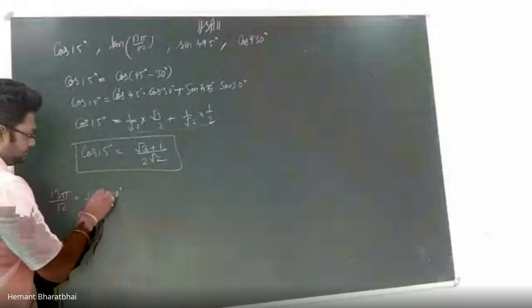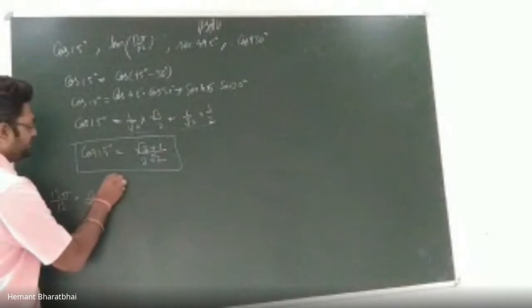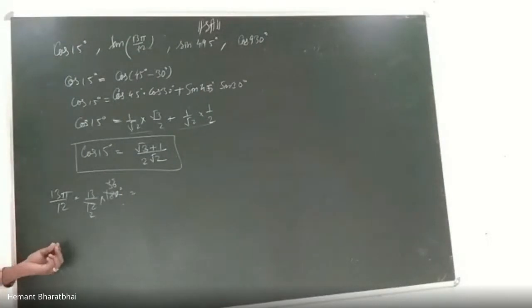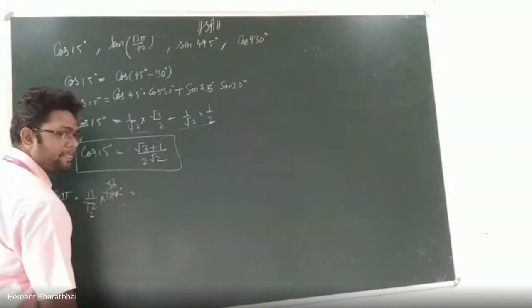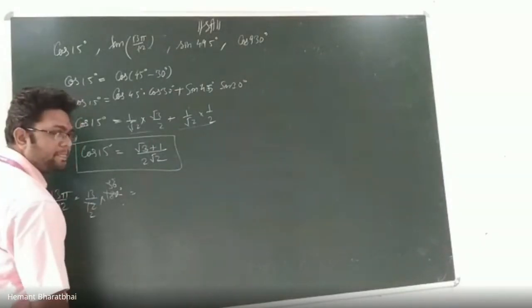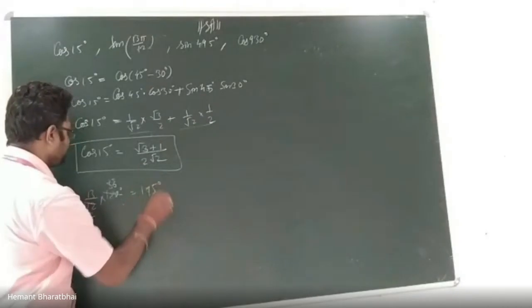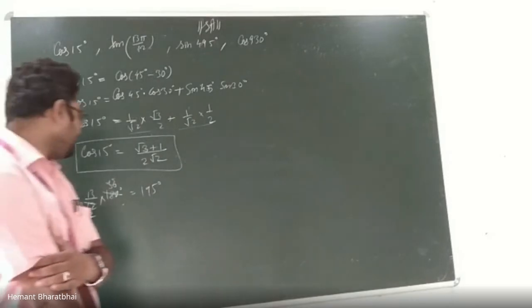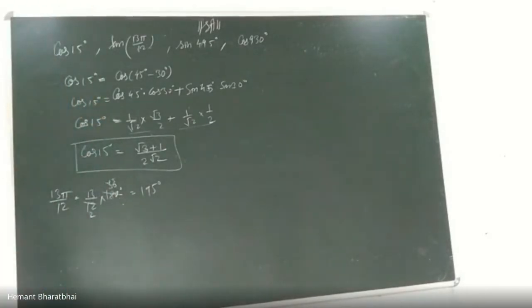So 6 2s are 12, 6 3s are 18, so 180 divided by 12 gives 15. So that is 15 into 13. How much is 15 into 13? 195 degrees.